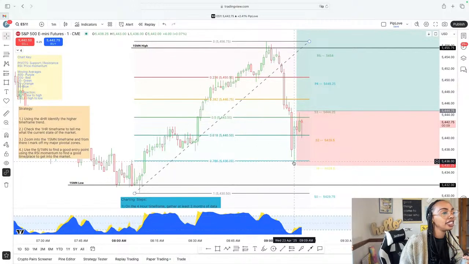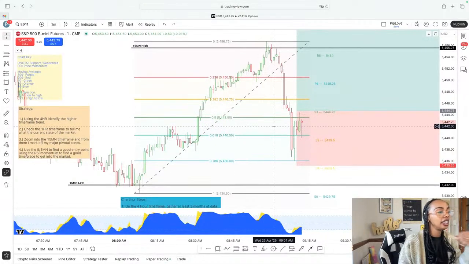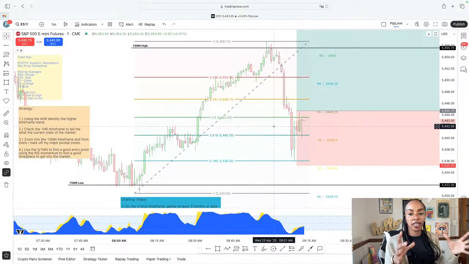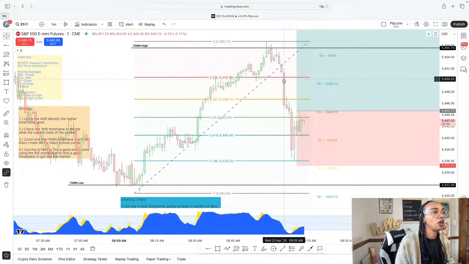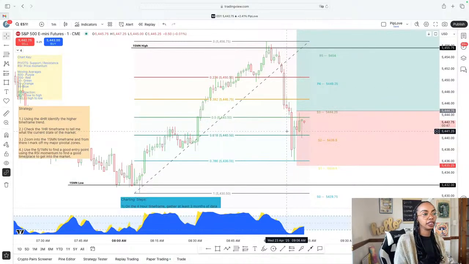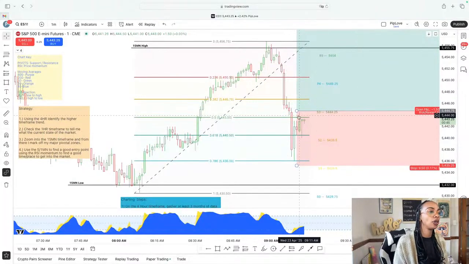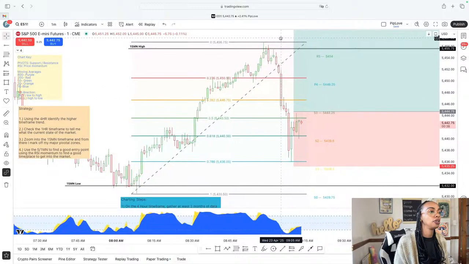We know that the 786 area, and particularly ideally this 50-61.8 level, is a buying area, if you were taking that counter trend trade. Once you saw this break here, you would have taken it down to either your 50 or 61.8. If you saw that there was still selling momentum, then you adjust accordingly. But basically, you're waiting for price to retrace back to these areas to get back into that buy.